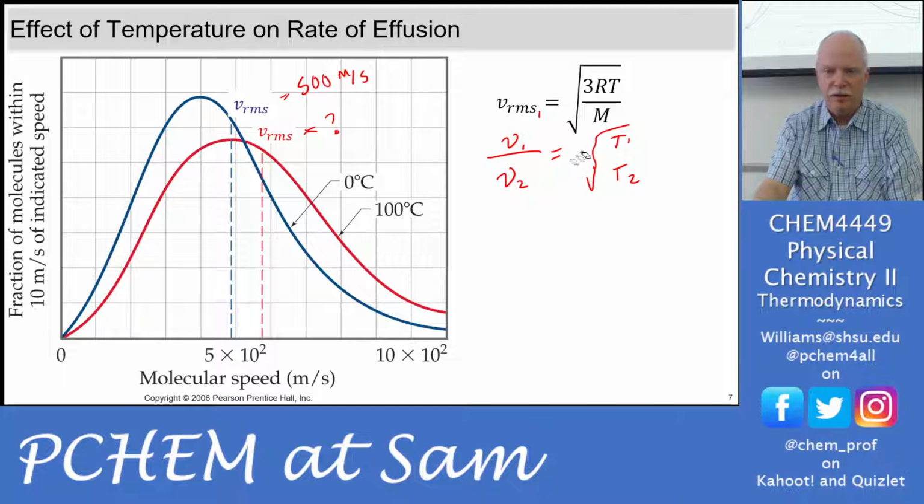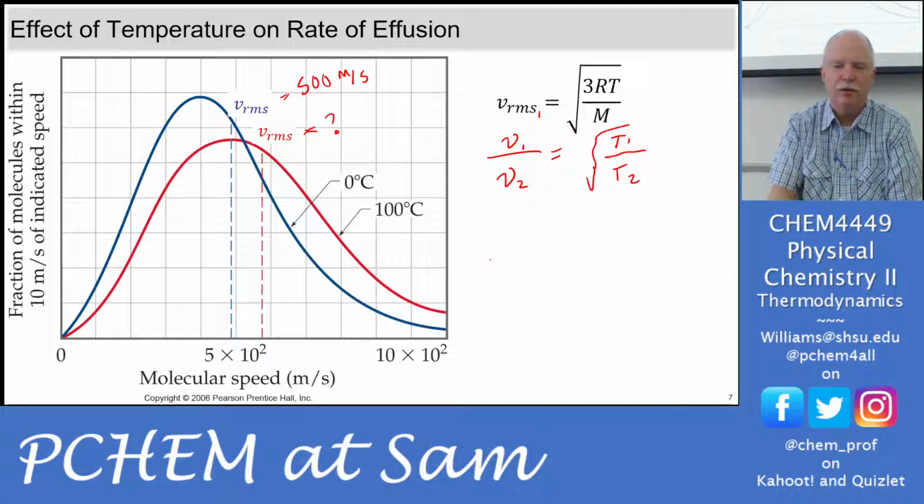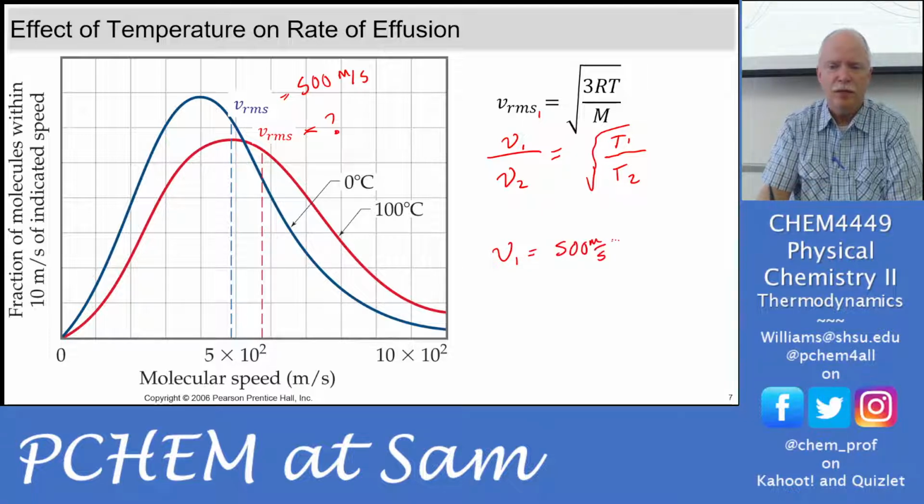Erase that line there. And so we know 3 out of the 4 variables, pretty straightforward. So now one thing I want to show you here, let's call velocity 2 our 500 meters per second. So we have u1 is equal to 500 meters per second.